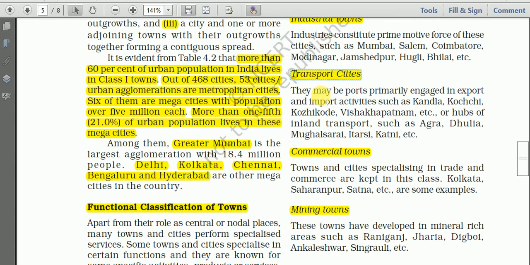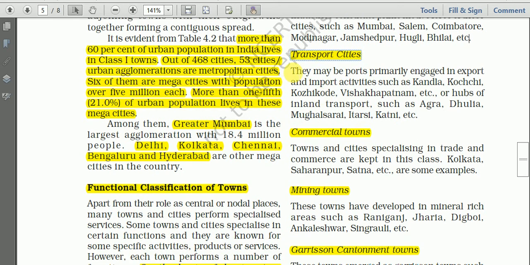Transport cities, another type of town. These may be ports. Transport towns may be ports, primarily engaged in export and import activities, such as Kandla, Kochi, Kozhikode, Visakhapatnam.